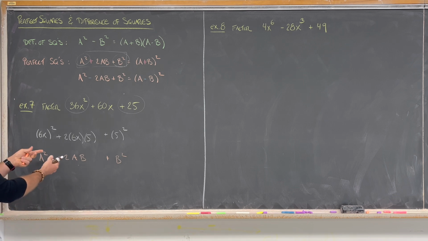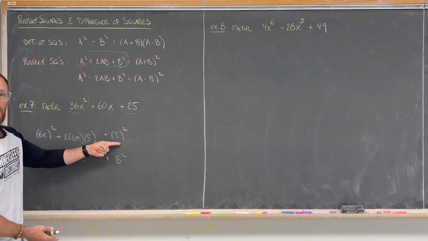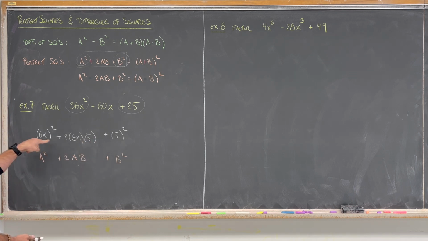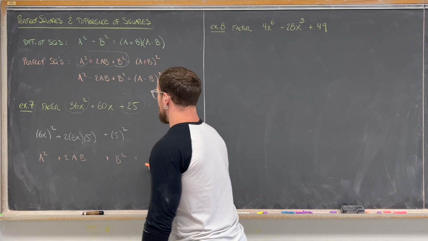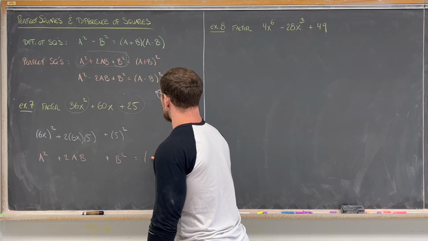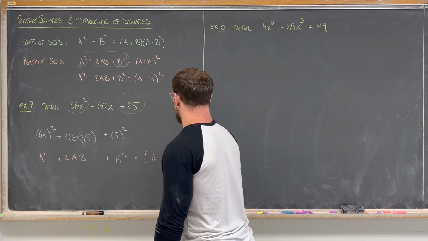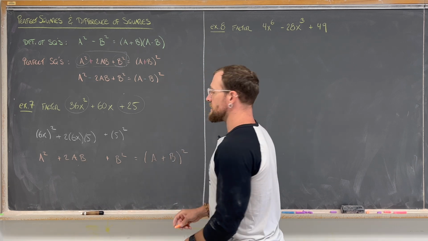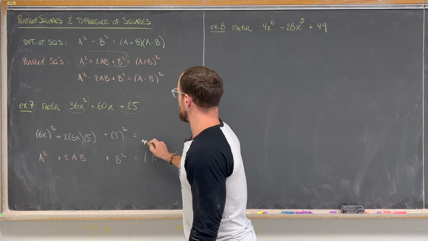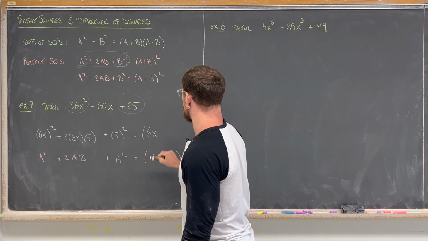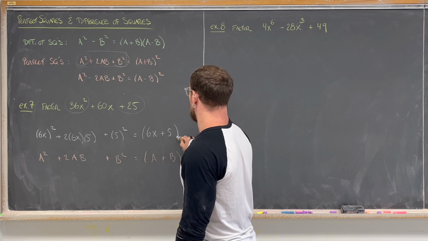It happens to be a squared plus 2ab plus b squared, where a is 6x and b is 5. So knowing that this factors into a sum of a plus b squared, in other words, this is a perfect square, this factors into 6x plus 5 squared.